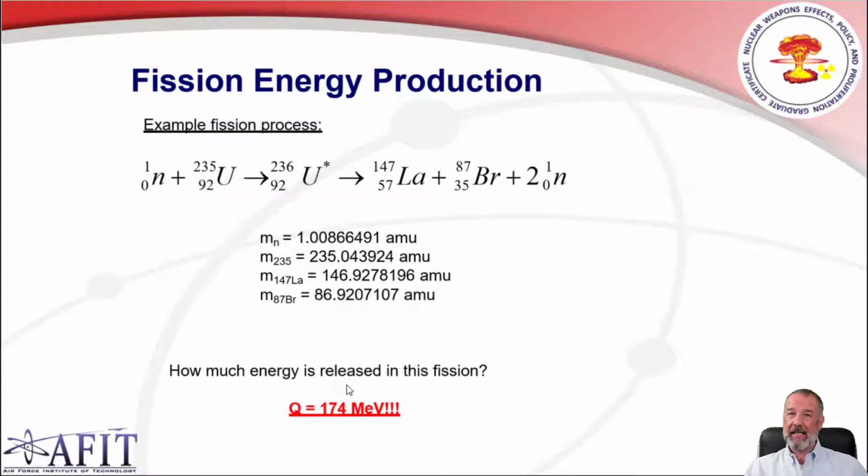Now this is the exact same mass balance that we've done before, and I'm not going to write out the math for it, because hopefully you understand how to plug those numbers in. What you end up coming up with is about 174 MeV released in this particular fission. Now this is from the fission event itself, so this would be kinetic energy divided amongst the lanthanum nucleus, the bromine nucleus, and those two neutrons as they fly off.